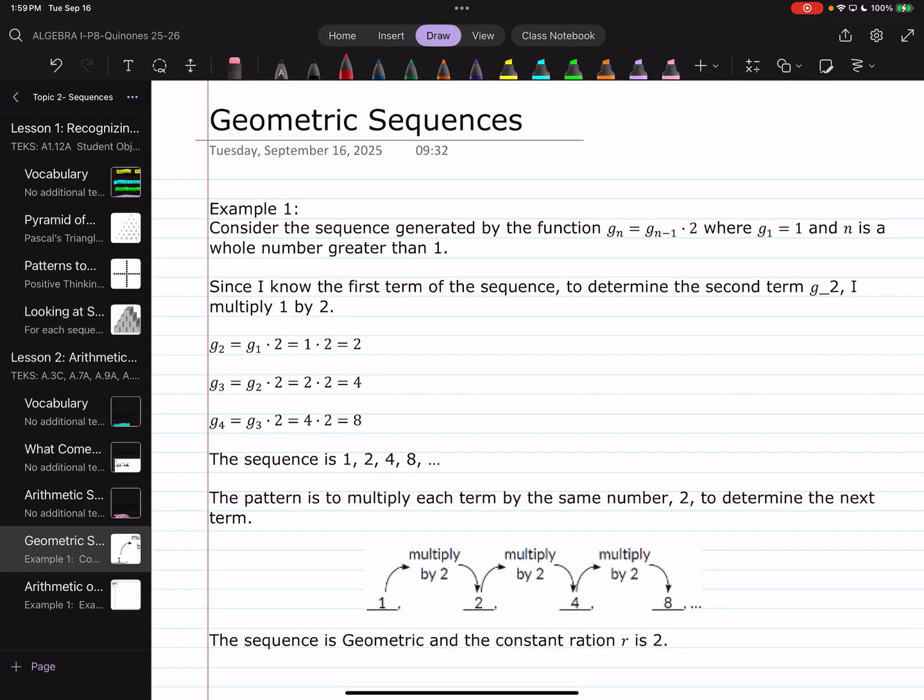Okay, with my limited amount of time with you, I want to cover geometric sequences very quickly. So, just like arithmetic sequences, the notation is very similar.